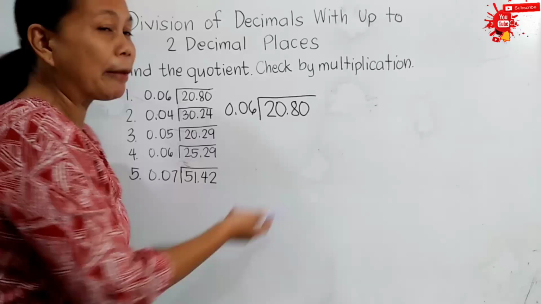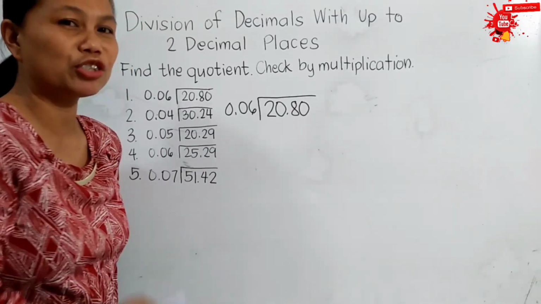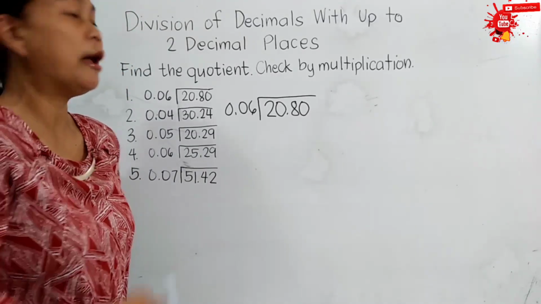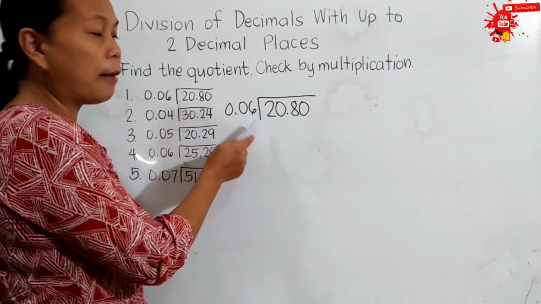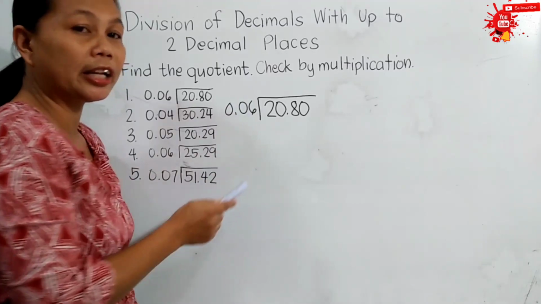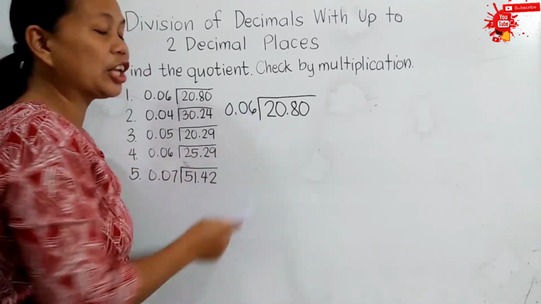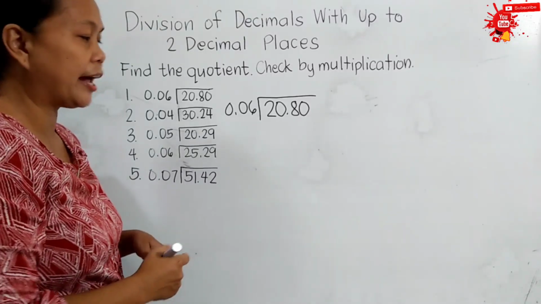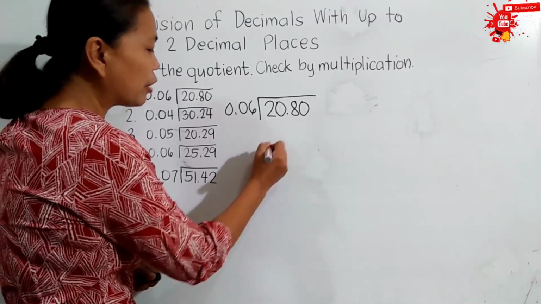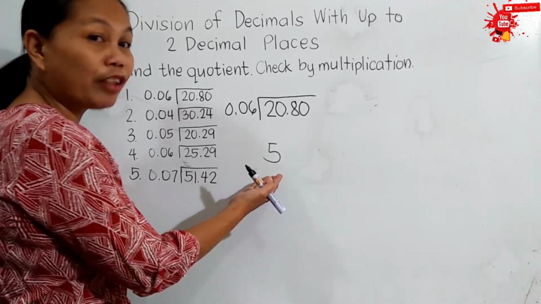Pero, sa pag-multiply ng power of 10, meron tayong shortcut method. Ano? Paano ba yung shortcut method? Para gawing whole number itong divisor na to, i-move lang natin yung decimal point. So, paano ba natin gagawing whole number yan? For example, meron tayong 5. This is a whole number.